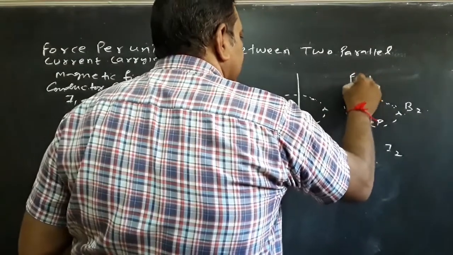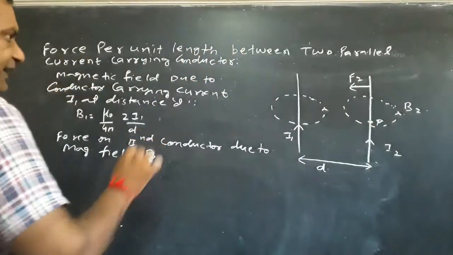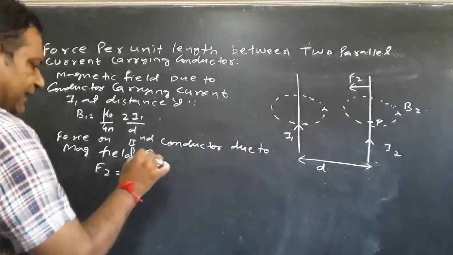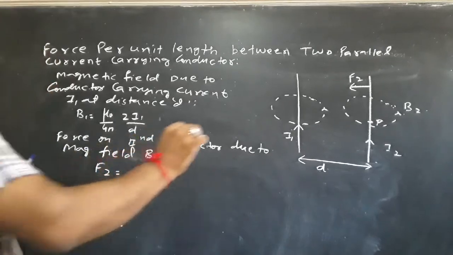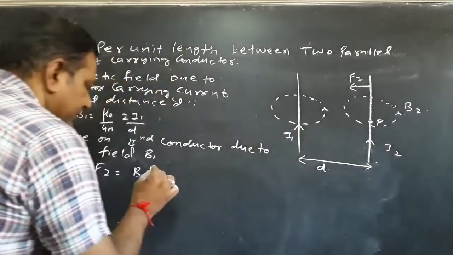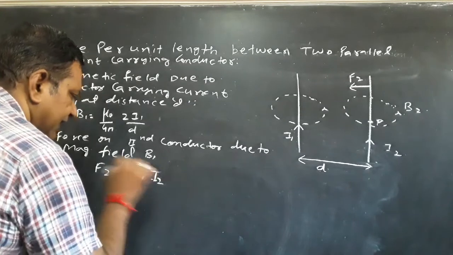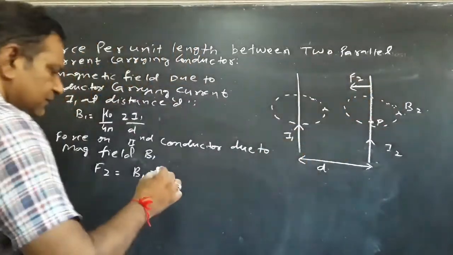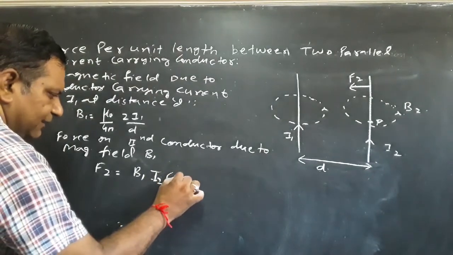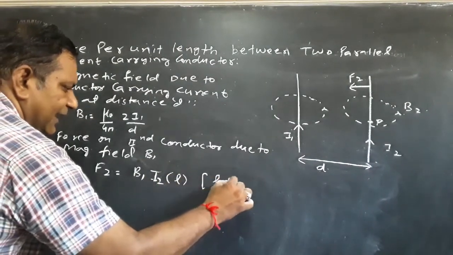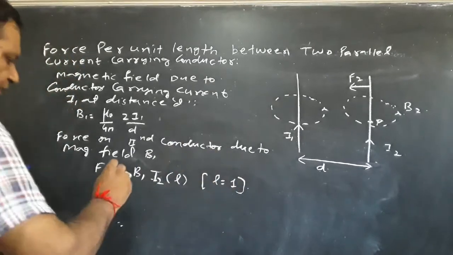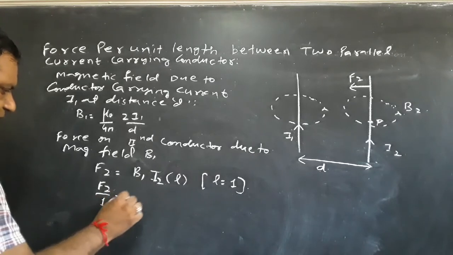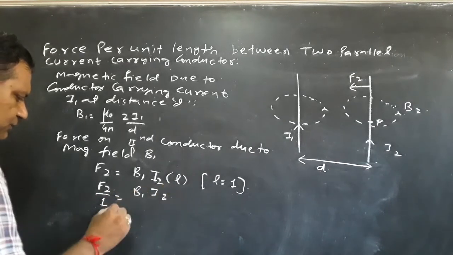Now we can write F2 is equal to, due to magnetic field B1, in the second conductor current I2 is passing. Suppose length is equal to 1. So we can say this is L, and we can take L is equal to 1. So F2 upon 1 is equal to B1 into I2.